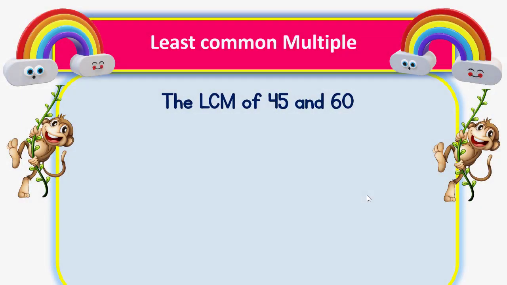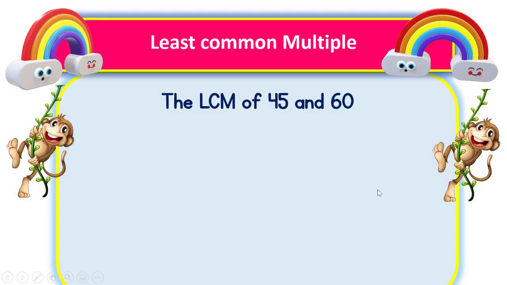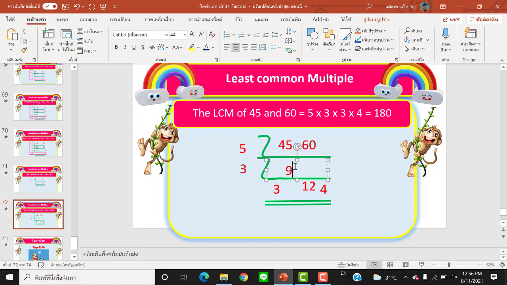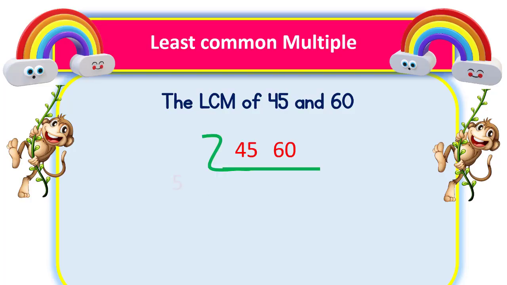The least common multiple of 45 and 60. 45 and 60 divided by 5. It happens again, I'm sorry. There's a lot of mistake today. 45 divided by 5 is 9 and 60 divided by 5 is 12.